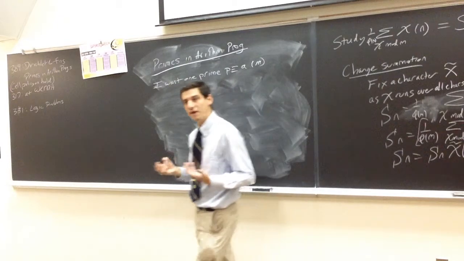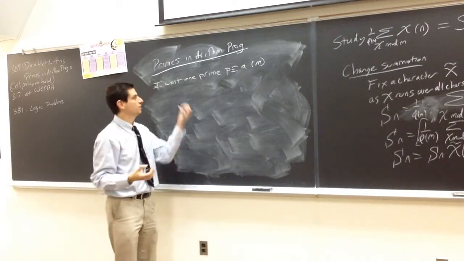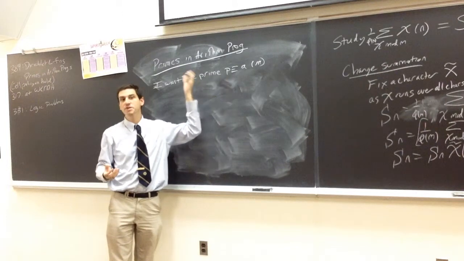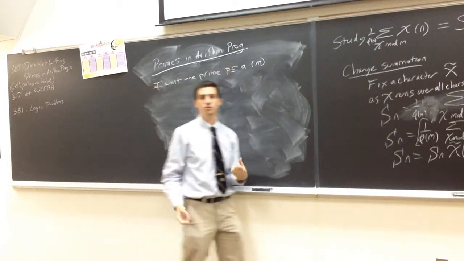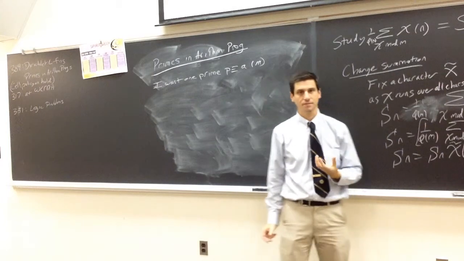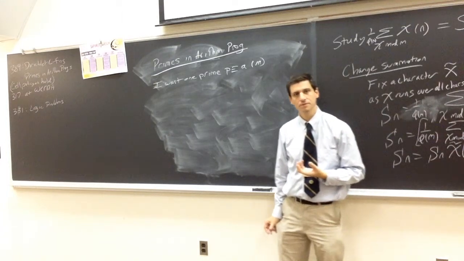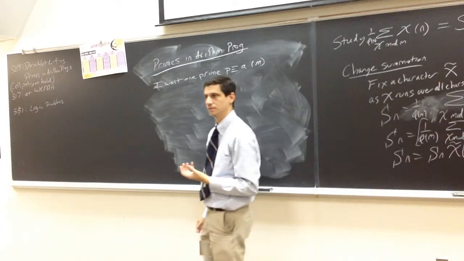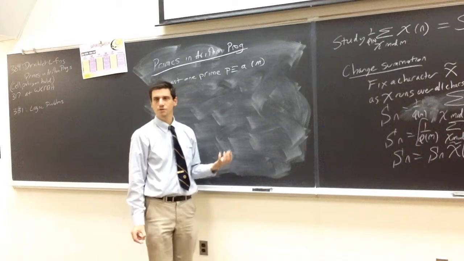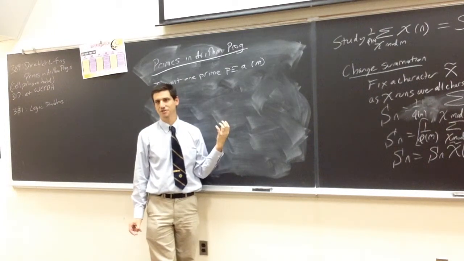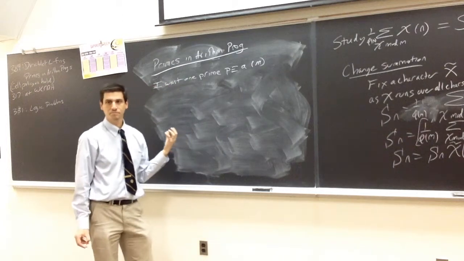But what if A and M share a prime factor? Is it always possible to find a prime congruent to A mod M? Or can you give me an example where you can't find a prime congruent to A mod M? So if there's going to be an example, look at composites.